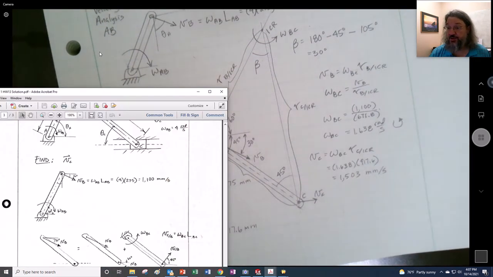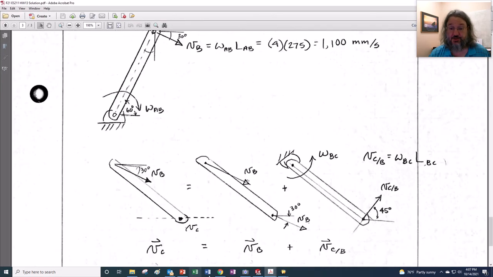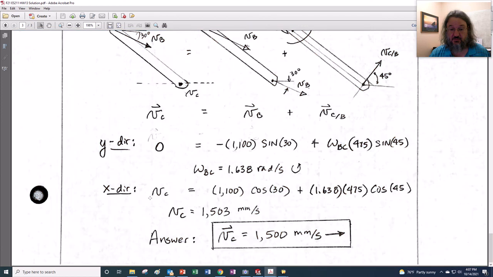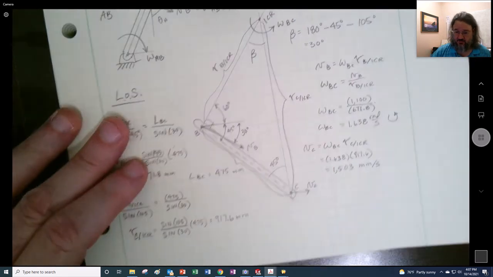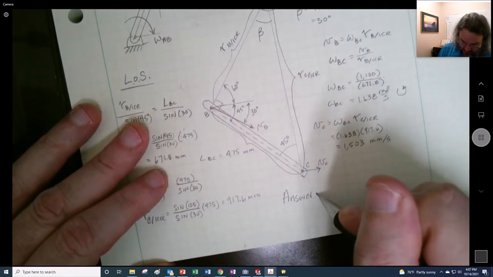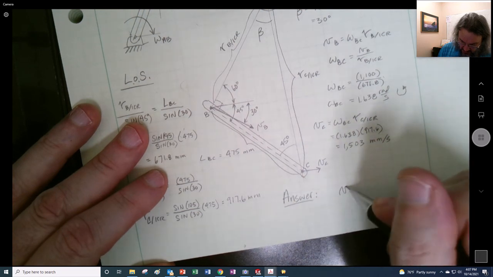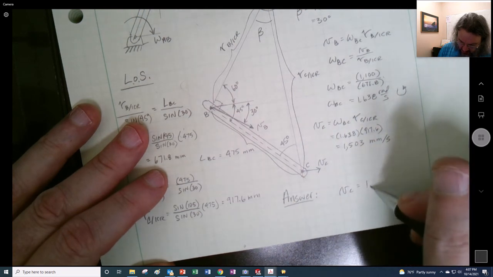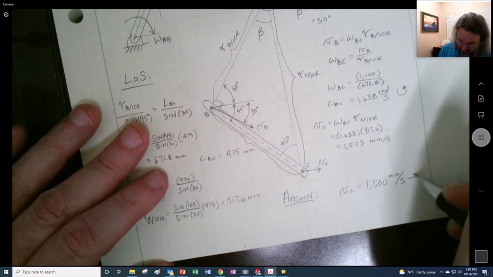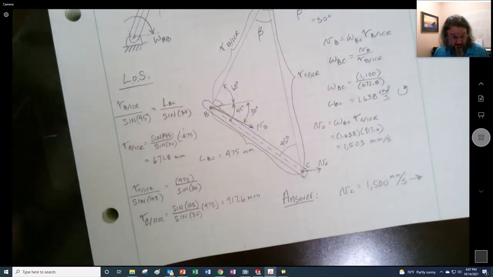And let's compare that to what we just got in our previous homework right here. Boom, right there, right? 1,503, going to the right. That was our prediction. So we got the answer. The velocity of C is equal to 1,500 millimeters per second that-a-ways. And we are done.